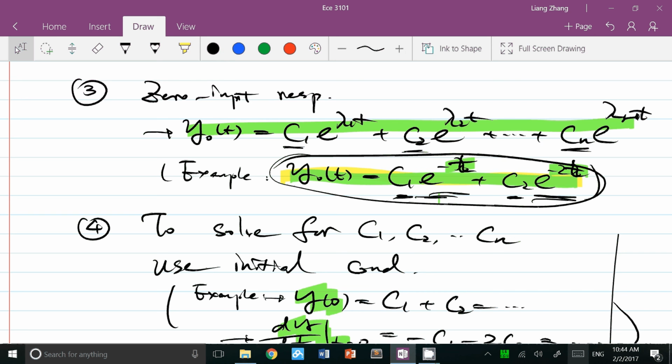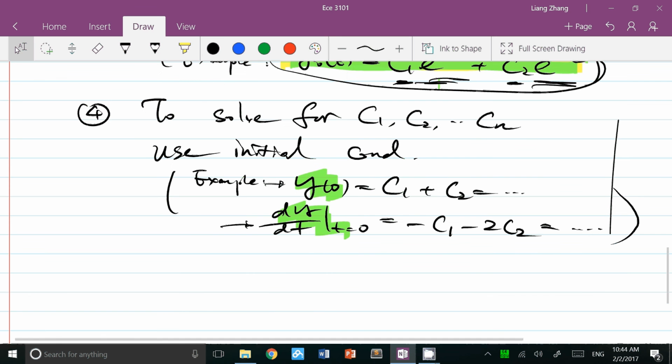When you have this general form, the only thing left to do is to solve for the undetermined coefficients C1, C2, up to Cn. In this example, you only have C1 and C2 to solve. To solve for them, you need to use the initial conditions. You plug in the initial condition of the output signal at time 0, and for this case, you need two equations to solve for the two coefficients.